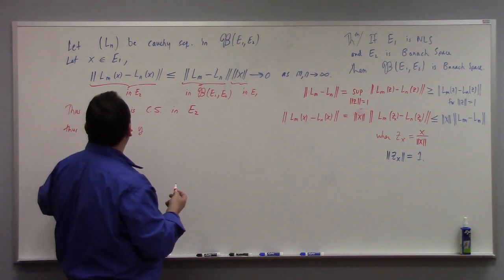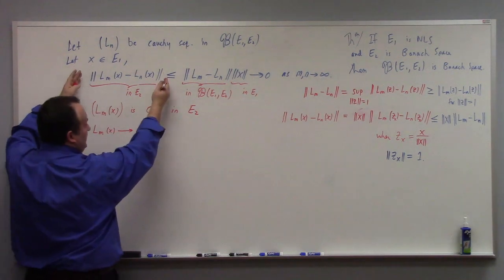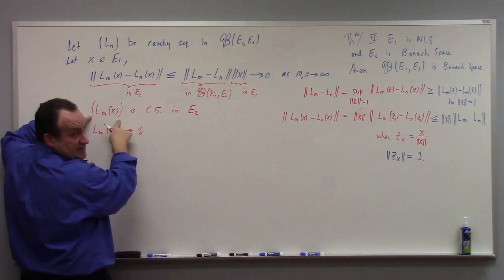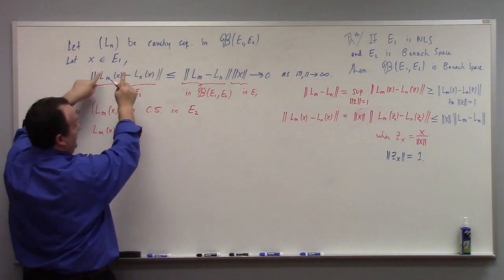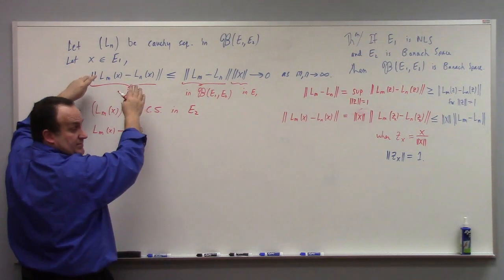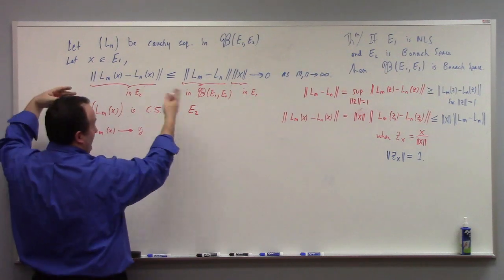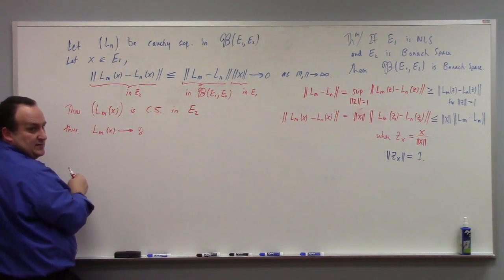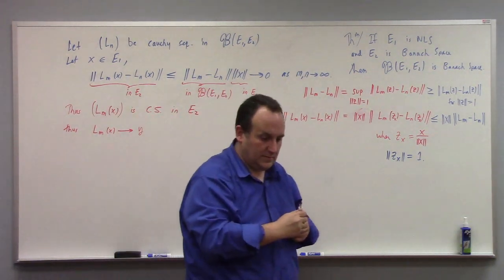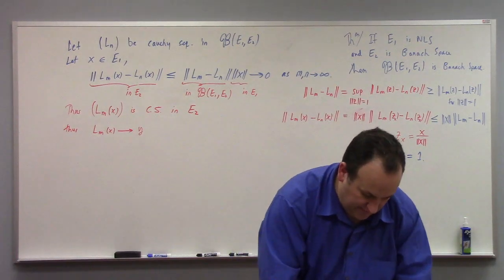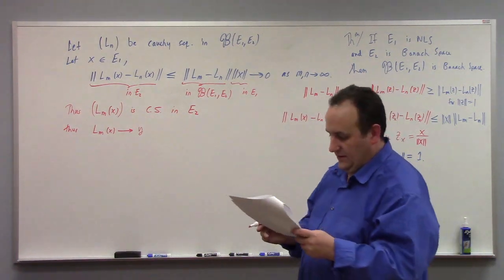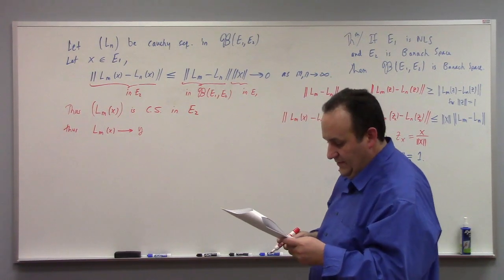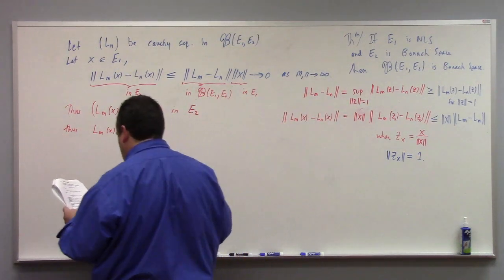That converging to 0 is tantamount to saying that this is a Cauchy sequence, because that says the norm of the difference of the mth and the nth term goes to 0, which is the condition needed for this to be a Cauchy sequence. And so then, since E2 is complete, we have Ln of x goes to y, and since x is an arbitrary element of E1, this defines a mapping L from E1 to E2.